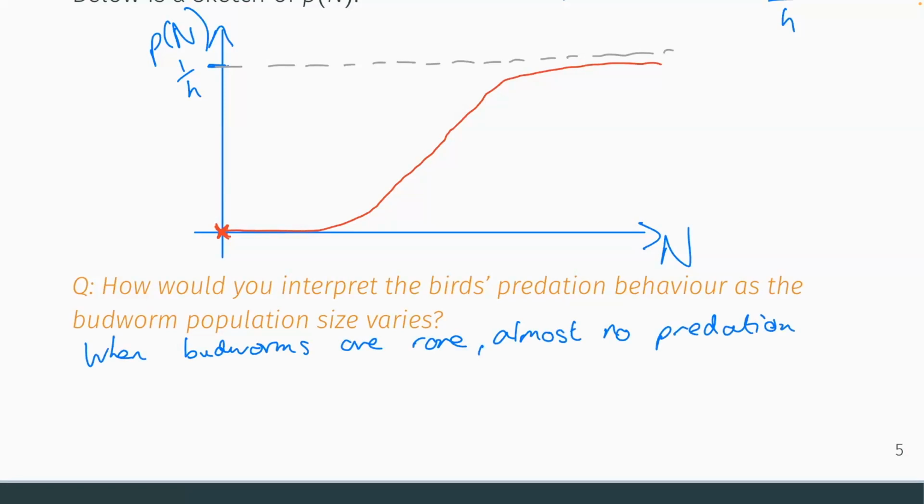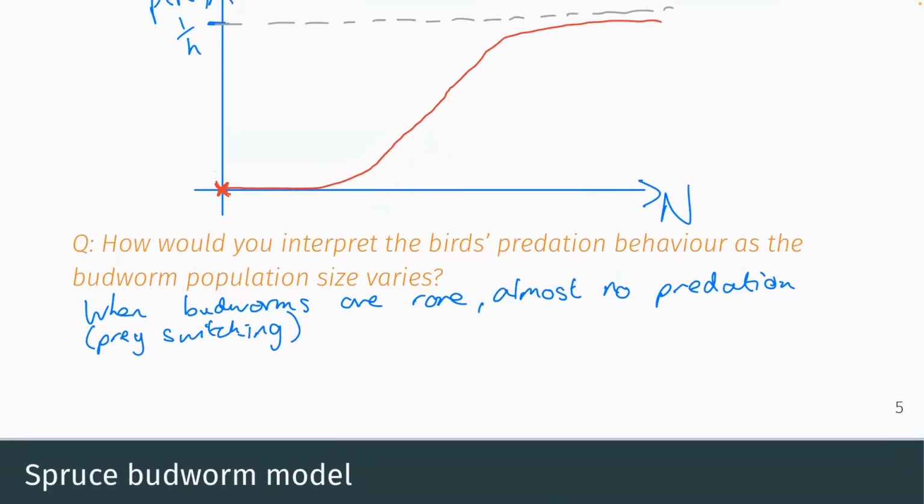The biological reason for this is that birds are likely to switch to another food source. If they can't find budworms, they're not going to be trying to look for where budworms usually are. They'll maybe go and forage and find seeds or worms, another type of food source. So this is known as prey switching. So, switching food source.